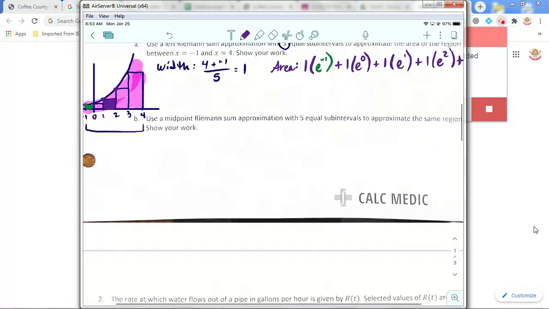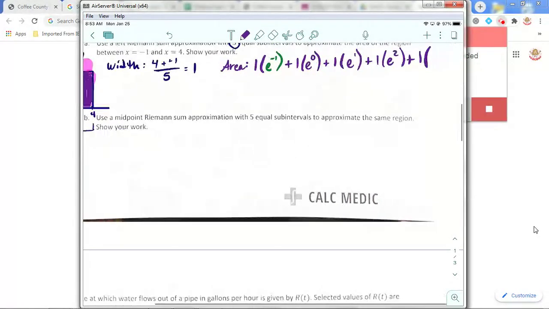And then our last rectangle, this rectangle right here, the width is 1. The height is the value of the function when x is 3. Then we would just use the calculator, add up all those values, and you should get approximately 31.561.